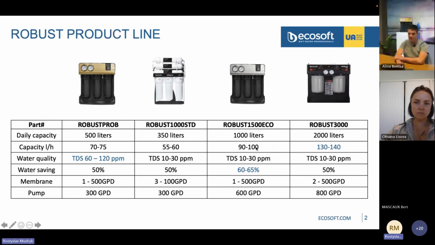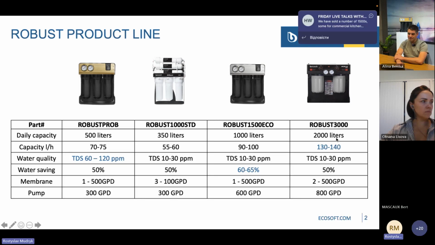So this is the application. And then we have the Robust 3000, which can give you 140 liters per hour. So this is the flow rate.